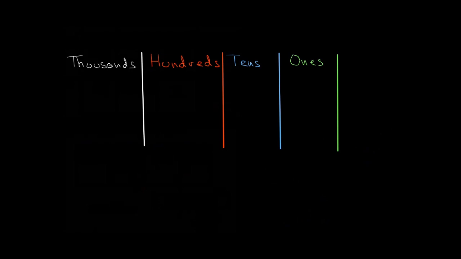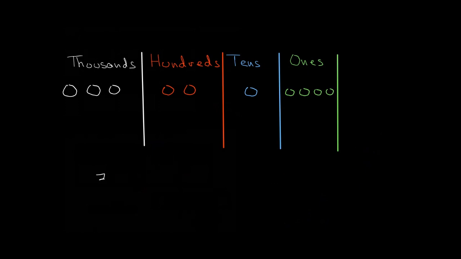I'm going to say this is 3000s, 200s, 10, and maybe 4 ones.